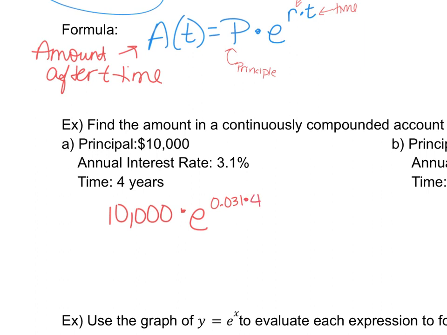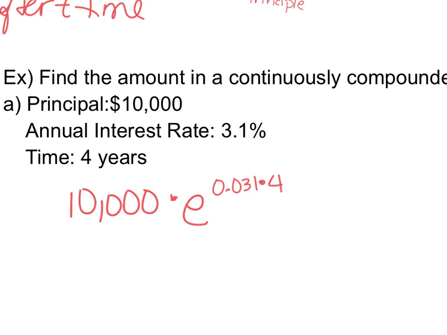And when you're typing this in your calculator, be very careful. I'm almost 100% sure you're going to need parentheses around the exponent. Otherwise, it's going to multiply the whole thing times 4, and you don't want that.